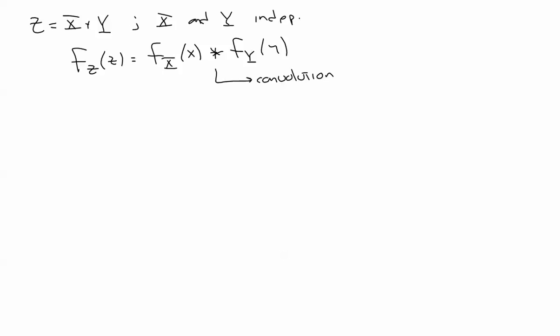And you'll notice that I've solved this in a very general fashion. I haven't said what probability density function for x or y are. It doesn't really matter. It's always just a convolution as long as z is the sum of statistically independent random variables.